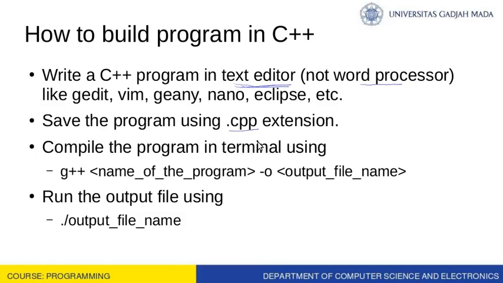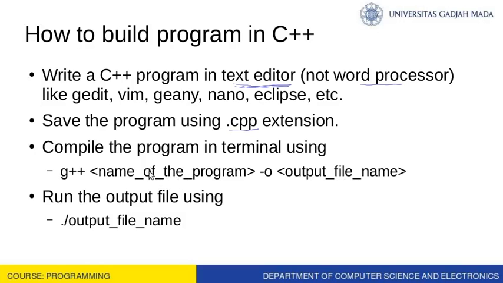So you enter the terminal and then you write this command, G++, and then the name of the C++ program, which has the extension of .cpp, and then -o, the name of the output file. So this output file is executable file, so it is in the binary form, or it is the machine instruction.